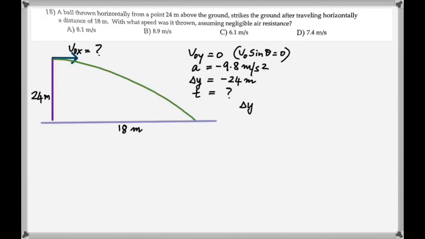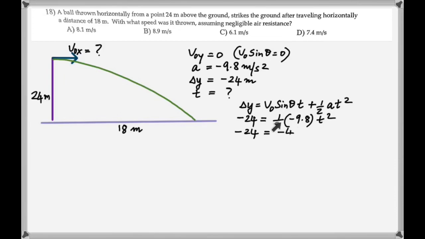Yes, we can, because you remember this equation, delta y is V0y t plus 1/2 a t squared. If you use that equation and plug the numbers into it, you're going to get negative 24 is equal to half times negative 9.8 times t squared.